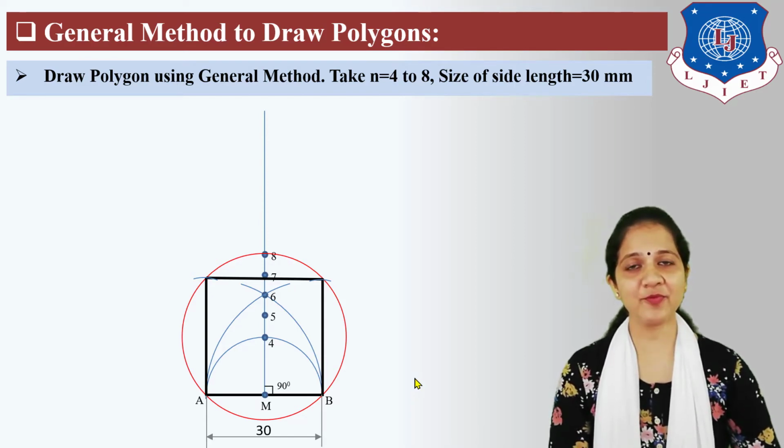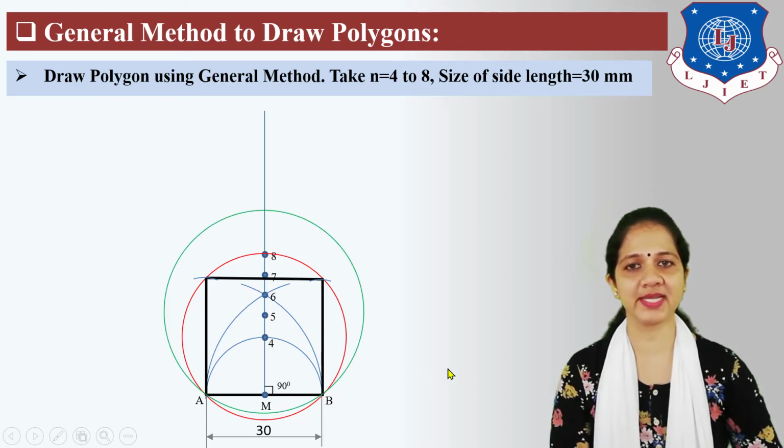Next, if you want to draw a pentagon, then select center 5, radius 5 to A or 5 to B, and draw one circle which is also passing through points A and B. Here AB is the common base for each and every polygon.